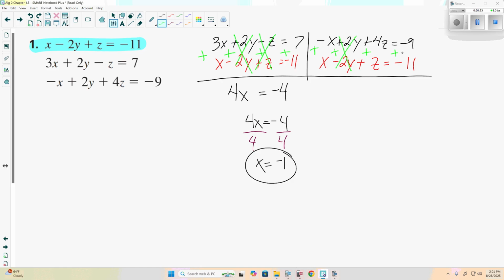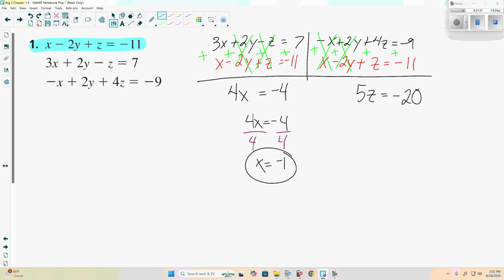Since adding will cancel our y's out, we're going to add all the way across. -x plus x, well, that's actually 0. 4z plus z, 5z. -9 plus -11, which will be -20, yes?